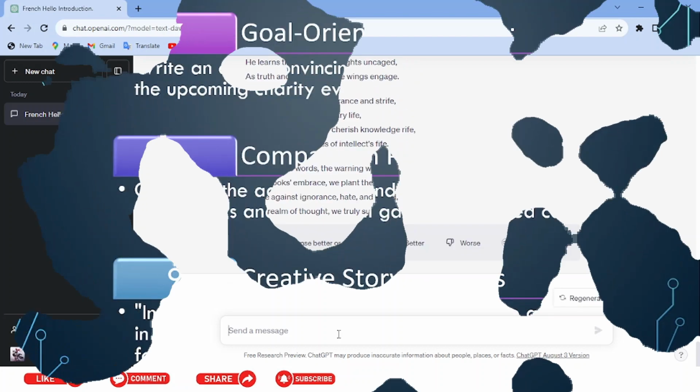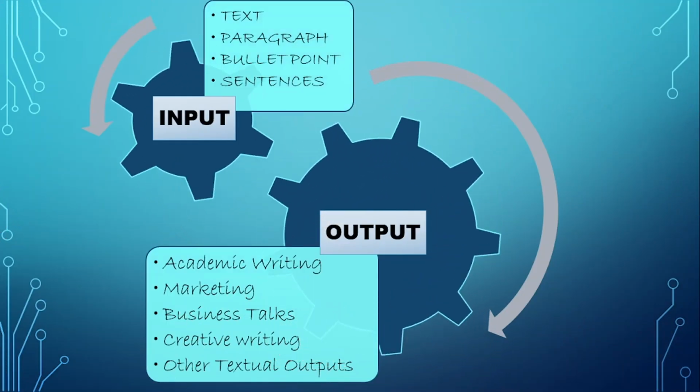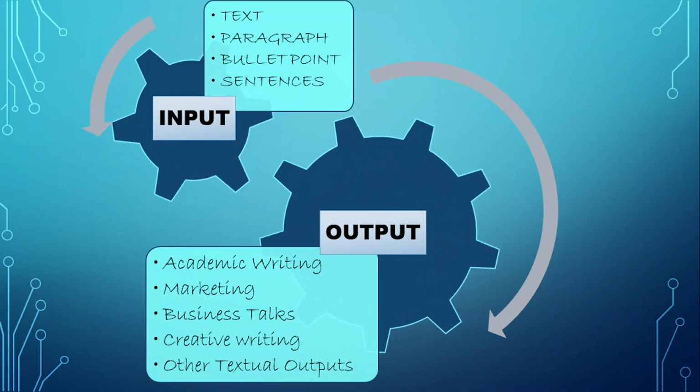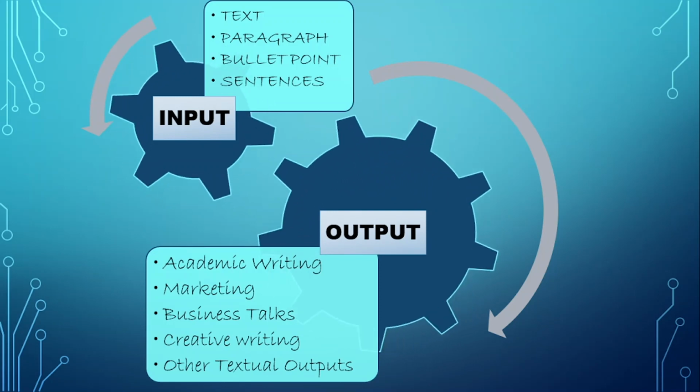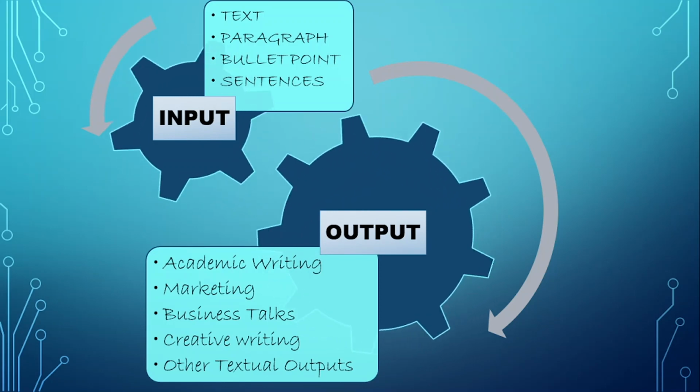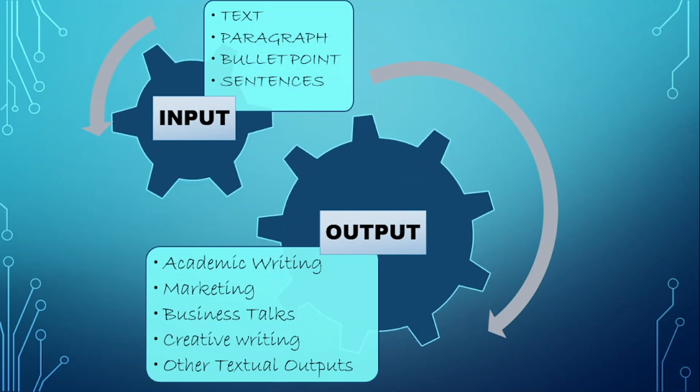Then we have different types of input and output. Our input can consist of text, paragraphs, bullet points, and sentences, whereas output comes in academic writing, marketing, business talks, creative writing, and other textual output.